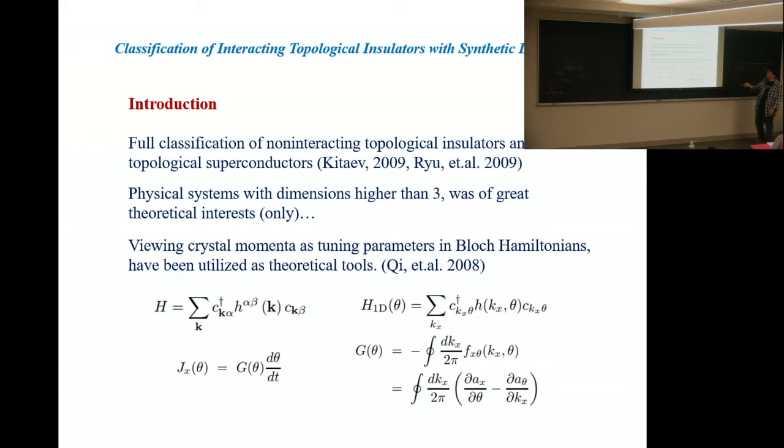So this becomes a 1-dimensional Hamiltonian with one tuning parameter. When you tune the parameter through one cycle, you pump one charge from left to right. The charge pumping is quantized and proportional to the Chern number in momentum space and parameter space.